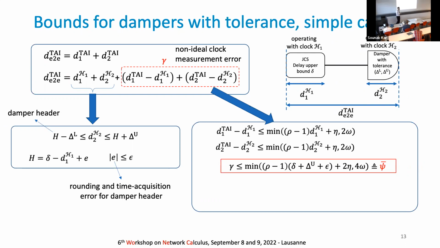There are two parts: the computation of the header, and the implementation of the damper. For the computation of the damper header, it's a good question: are we able to do the time stamping when the speed of the input packet is very high? To be honest, this has not been studied, but there might be some issues.